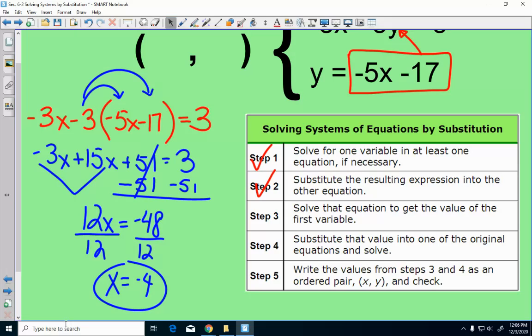I get x is equal to -4. So the x's were on the same side of the equation, so I just combined those together. But the 51 and the 3 were on opposite sides, so I had to inverse one of them to the other side.